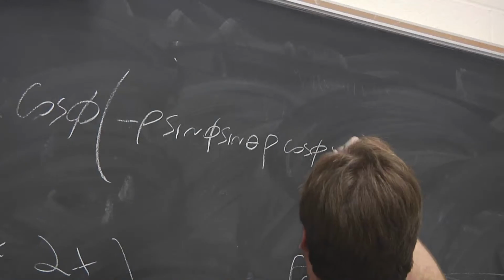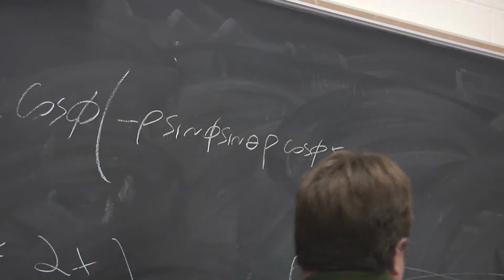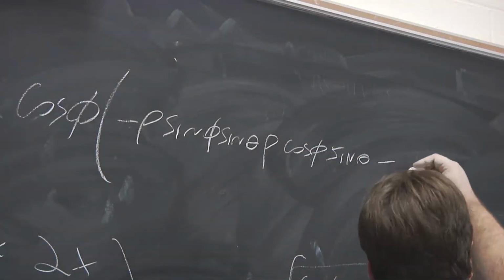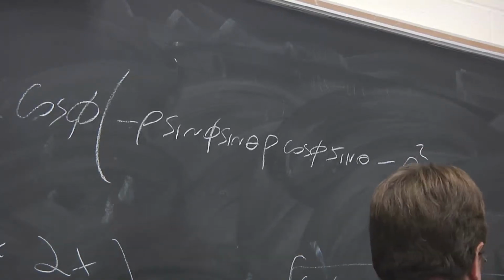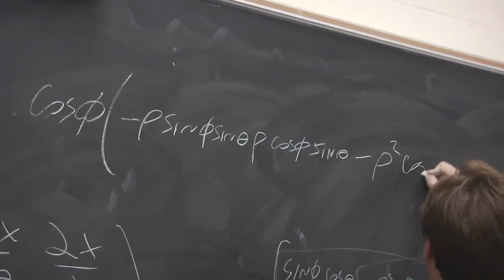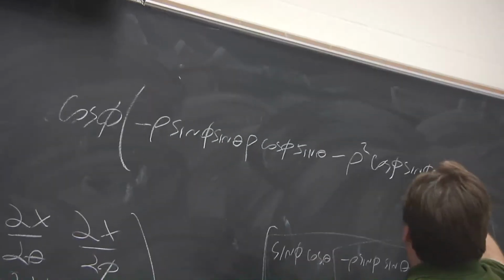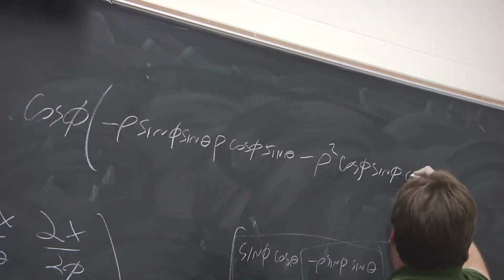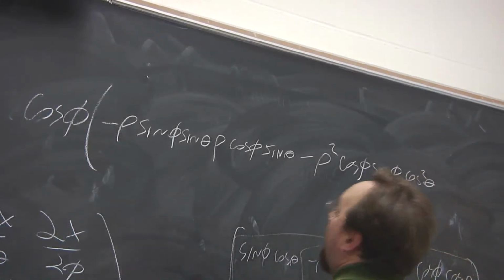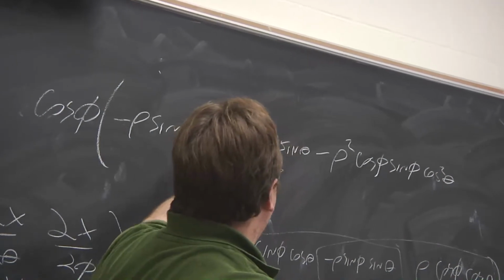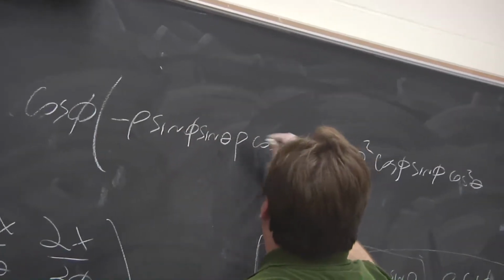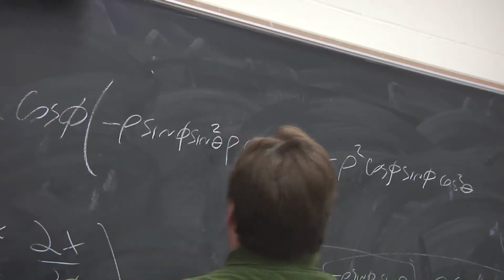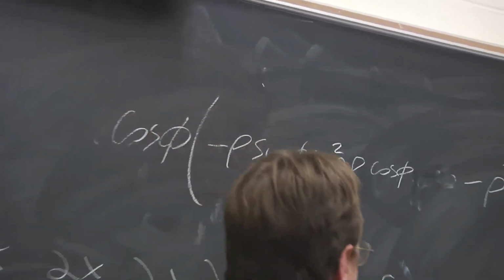minus rho squared cosine phi sine phi cosine squared theta. And I actually have two sine thetas here, so I'm just going to combine them. Okay, so that's one part.